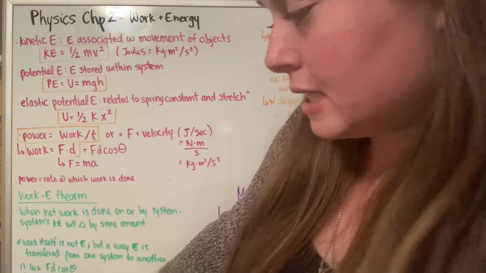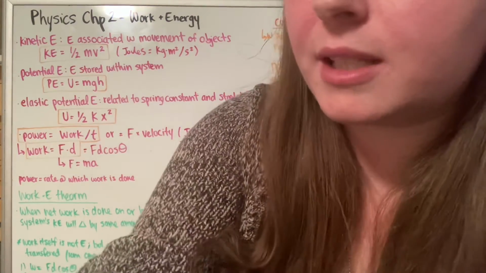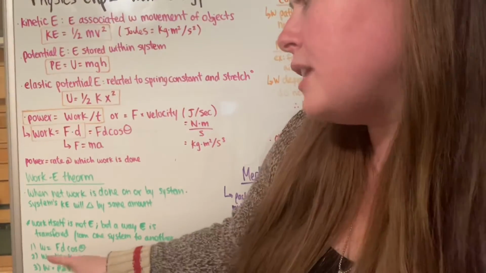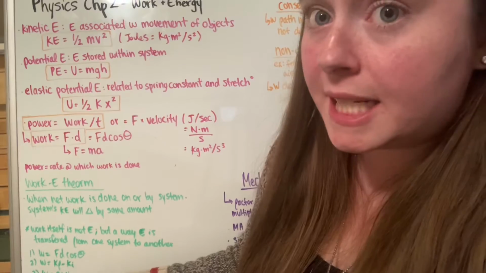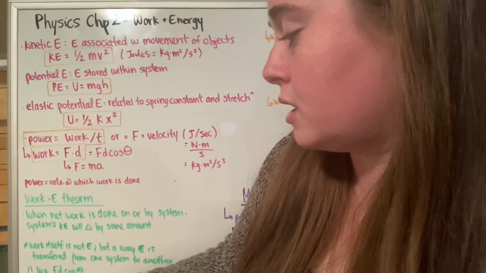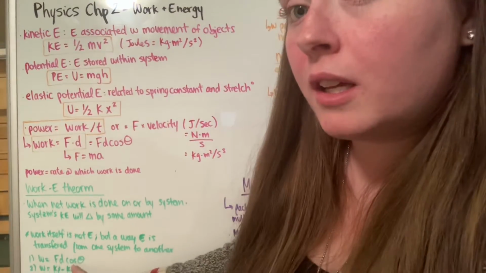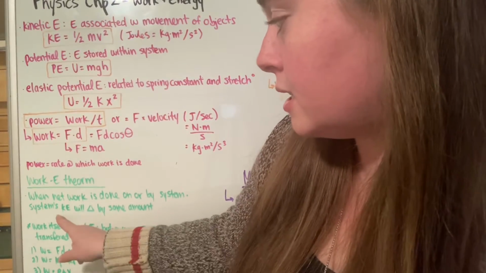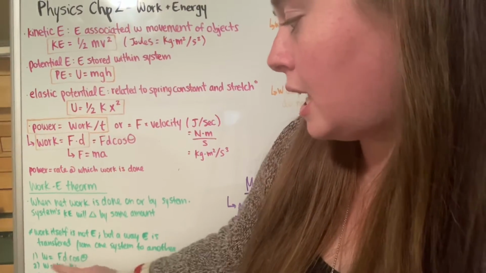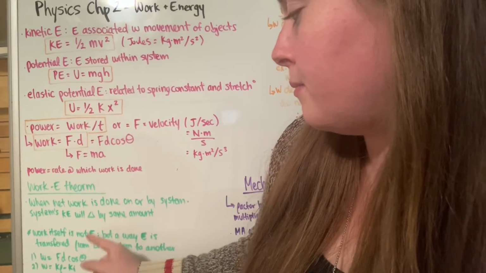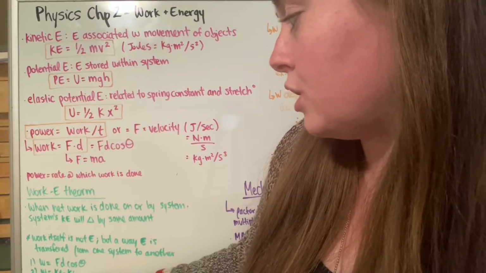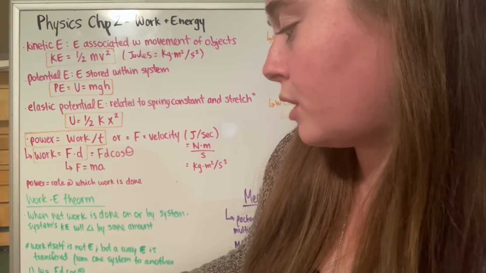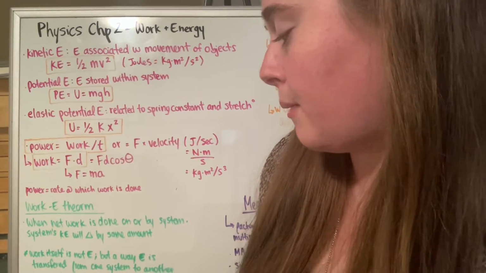So just know that this is another formula for work. Oh, you can't even see it. It's down there at the bottom. It's work equals Kf minus Ki, which is kinetic energy final, kinetic energy initial. Okay? Because this is going to be the change in kinetic energy, and the net work will change by the same amount as the kinetic energy. Okay? So that's how we get this formula.